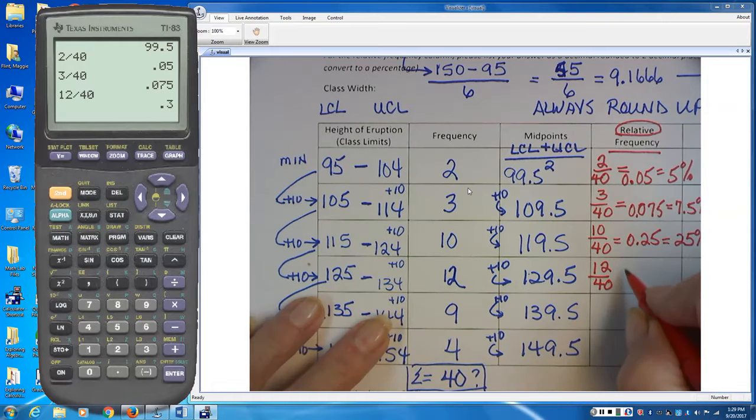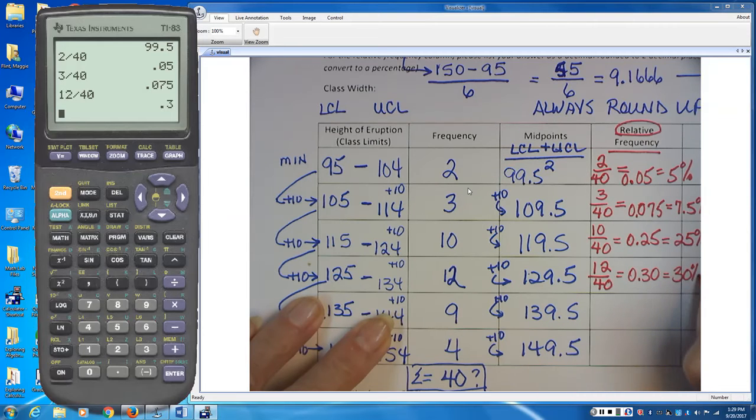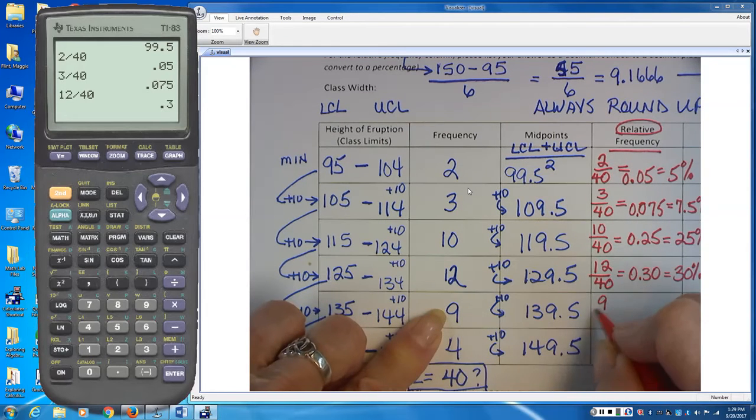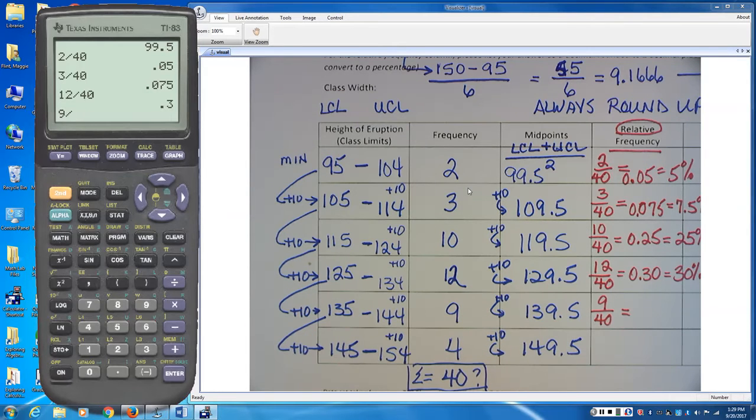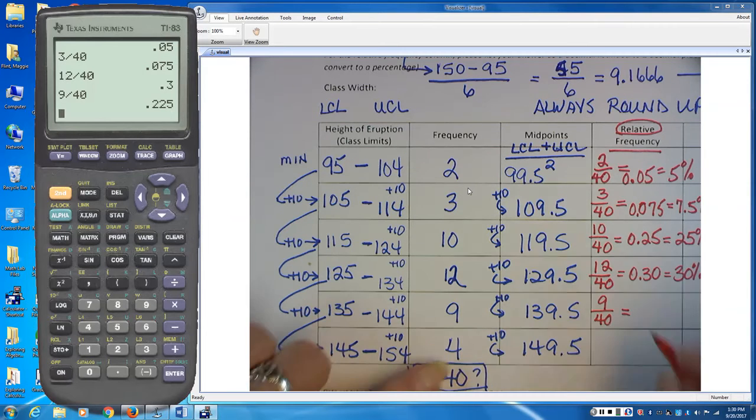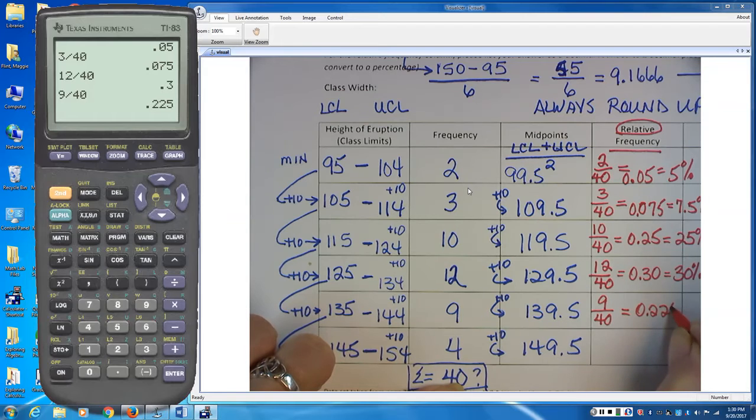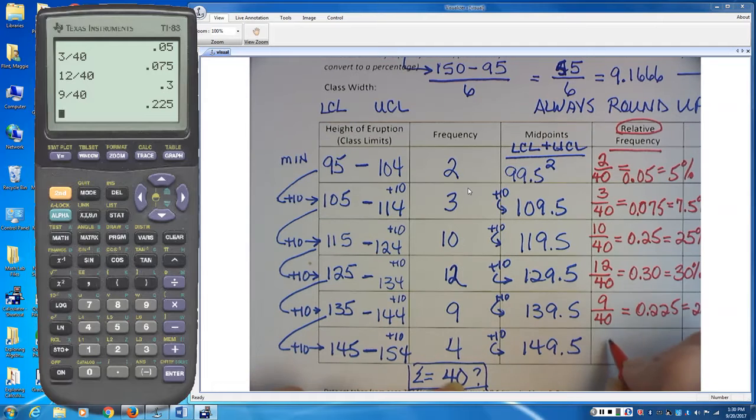So that's 30%. And then we have 9 out of 40. And that's 0.225, or 22.5%. And then 4 out of 40 is 0.1 or 10%.